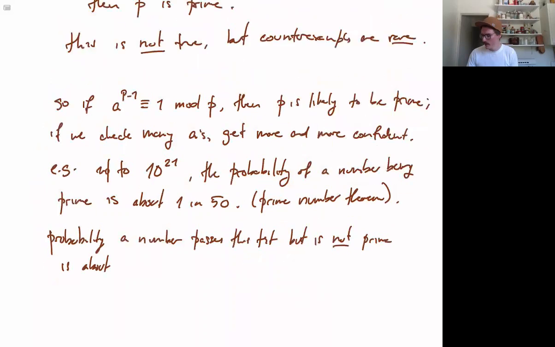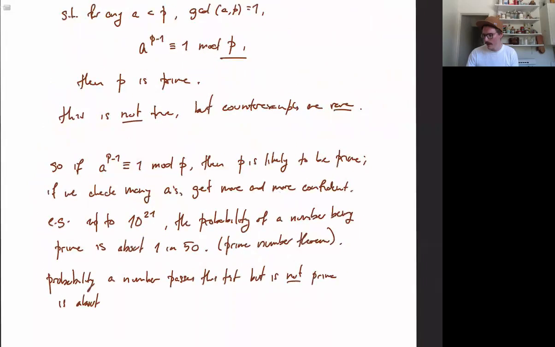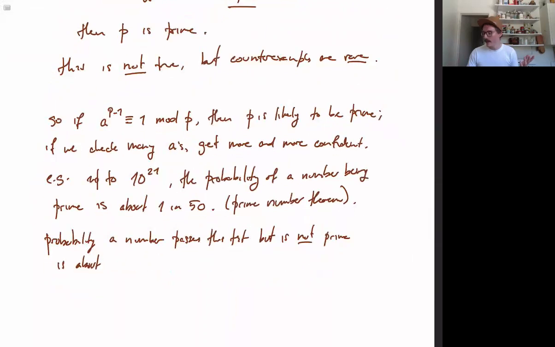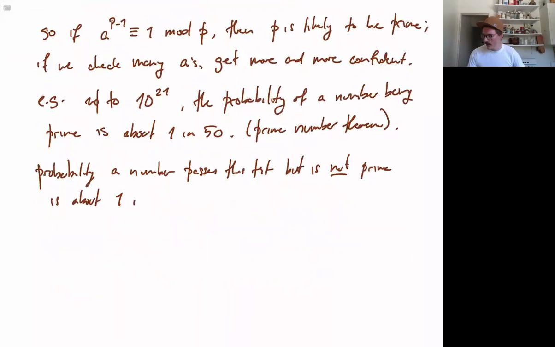You're just counting how many numbers satisfy this strange property, but someone has counted that, and it turns out to be about 1 in 50 trillion. So if you choose a random number and try a lot of possibilities for A, and it checks out in every case, then you start to become quite confident that your number is prime. The chances that you are wrong are going to be about 1 in a trillion.